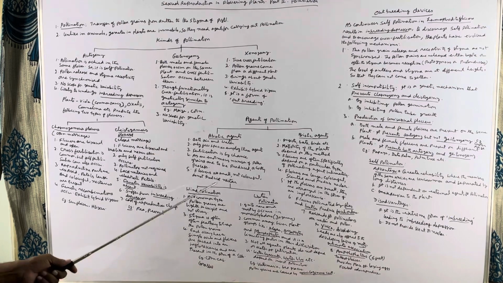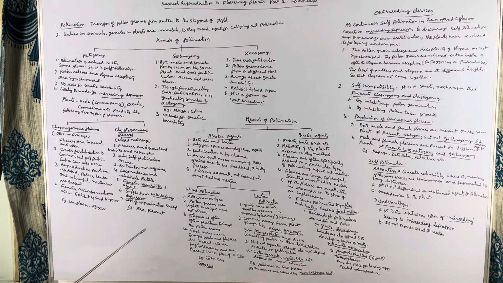Then coming to wind pollination. Wind pollination is the most common type of abiotic pollination. In this type, the pollen grains are small, lighter in weight, and they are not sticky. And the stigma is often feathery to trap the pollen grains. It is large and feathery.